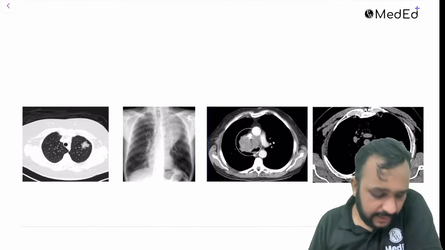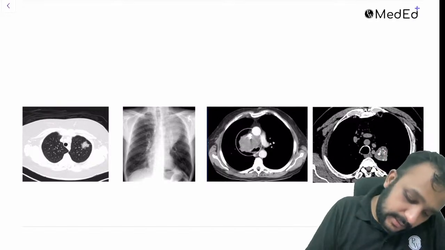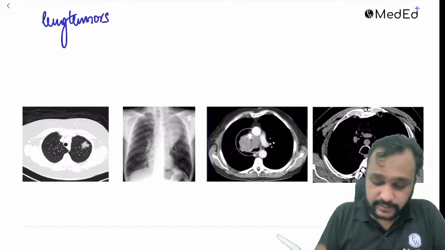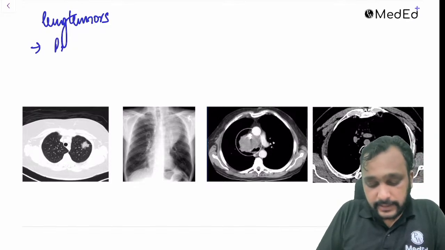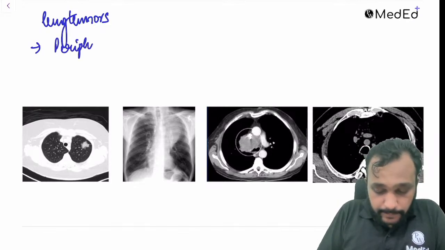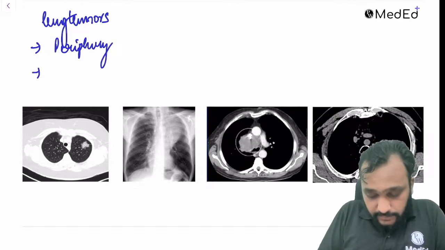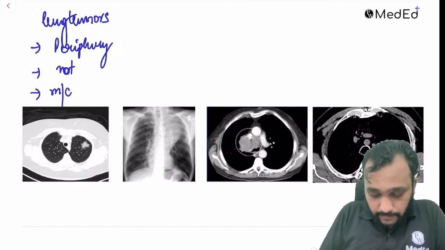So let me tell you, guys, important points about lung tumors that you should remember as far as radiology is concerned, right? So in the first case, we can see that the lesion is located within the periphery of the lung. It is not associated with smoking. It is more common in women.